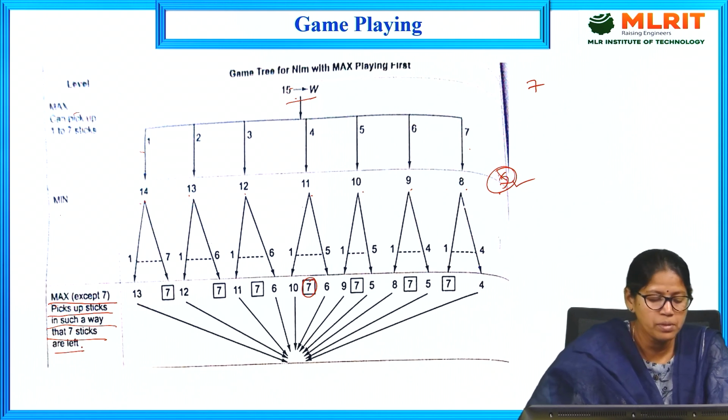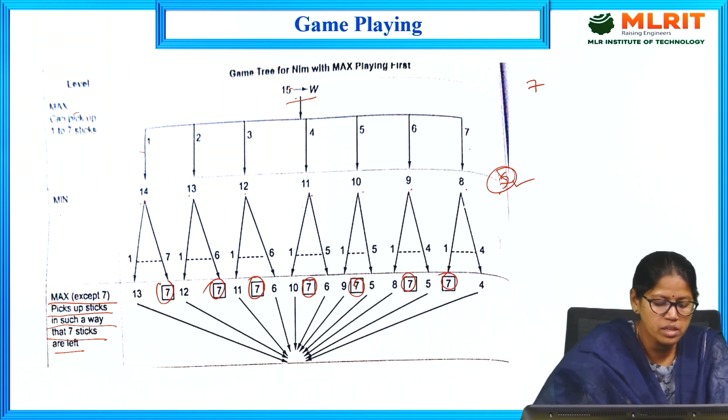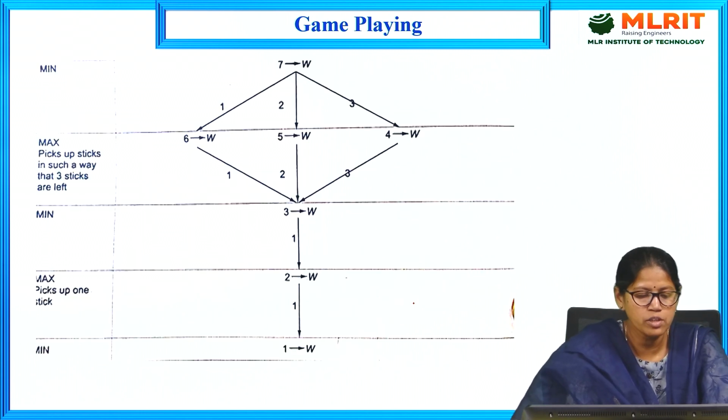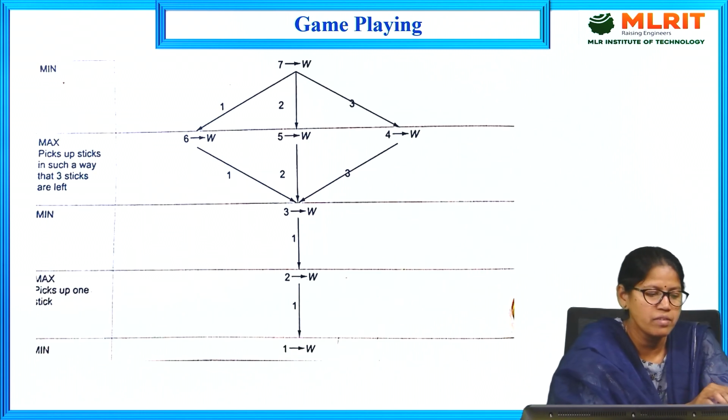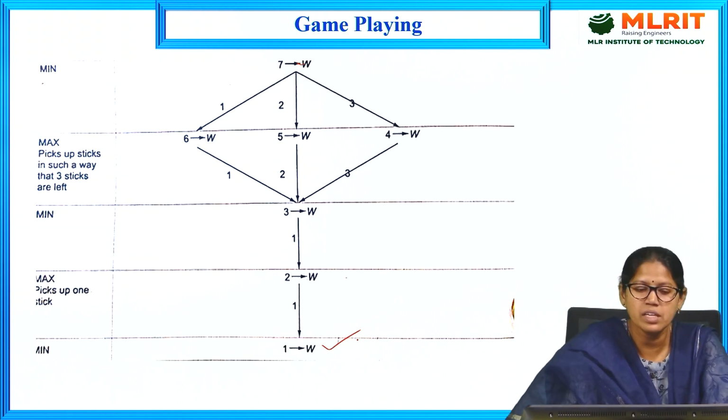Then only the max will win the game. If you take a 7, then it will lose the game. So except this 7, we need to play at the max level, and 7 sticks have to be left for min to play, so that the max will win the game.